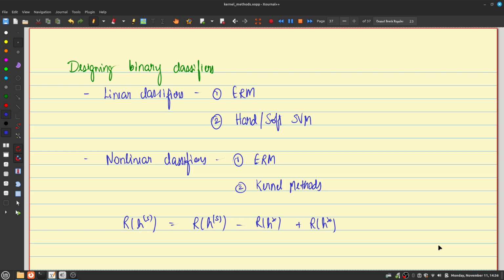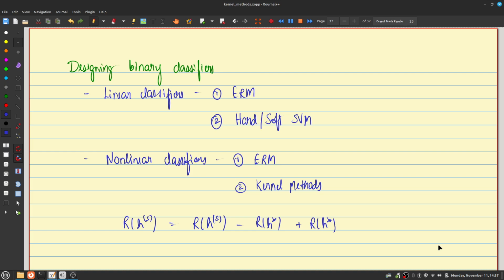We know how to design linear classifiers, and to design linear classifiers, we know of two techniques. One is the empirical risk minimization algorithm, which is in general computationally complex. It's a combinatorial problem which may be hard to solve. On the other hand, we have the hard SVM or the soft SVM algorithm, which we know can be implemented efficiently.